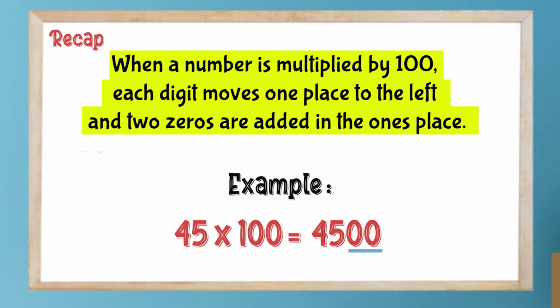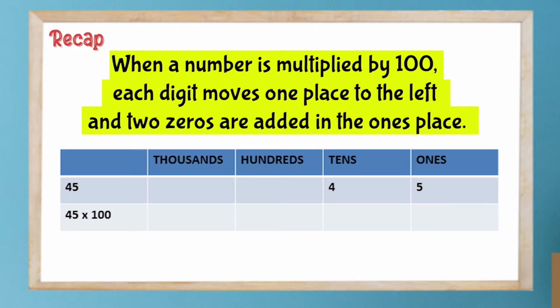Let's look at the place value chart. We know that 45 equals 4 tens, 5 ones. But we want to find out what is the value of 45 times 100.